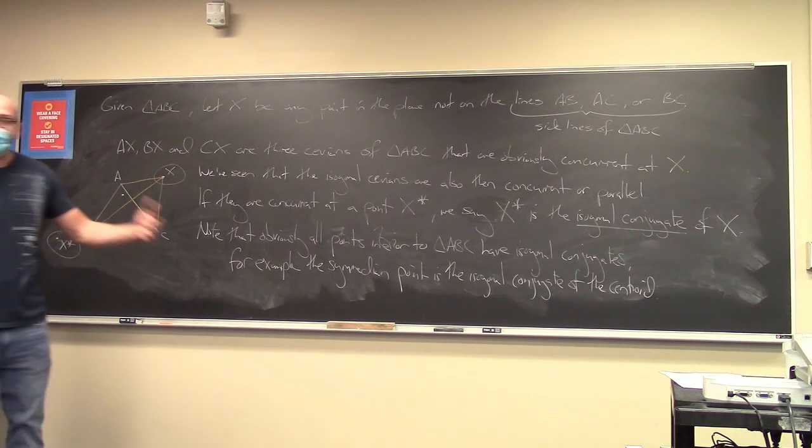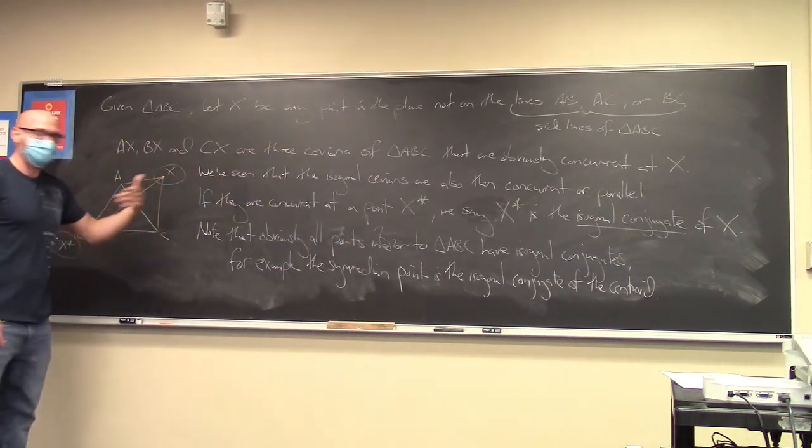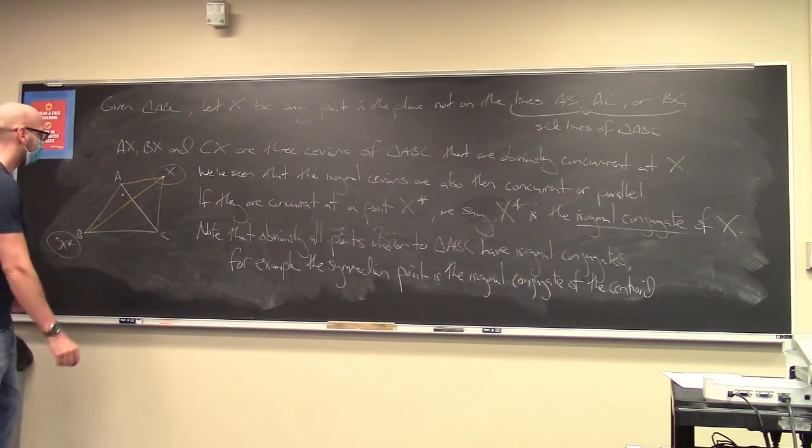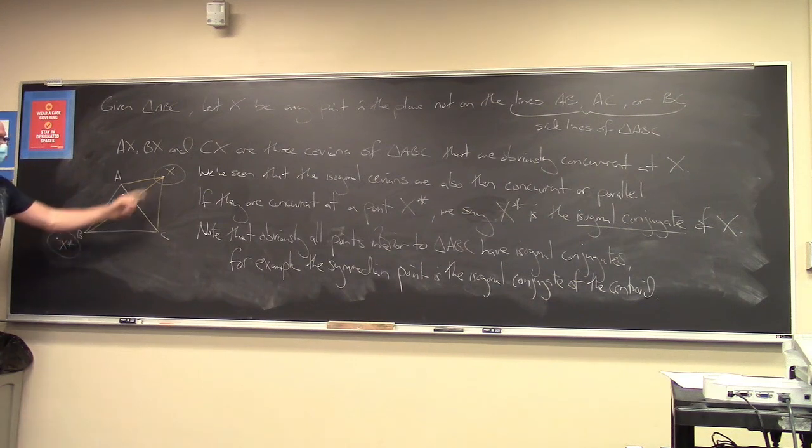Is that clear? That's by definition of exactly how we define this symmedian point. By our construction, it should be completely clear that we started off with three medians. We took their isogonals and observed that those are concurrent at the symmedian point. Well, that means it's the isogonal conjugate.